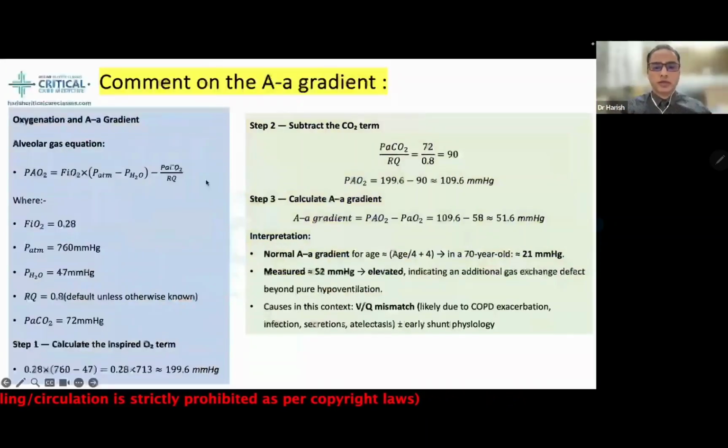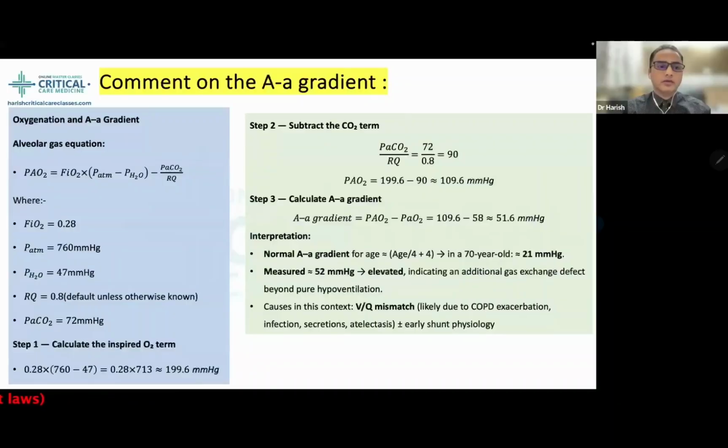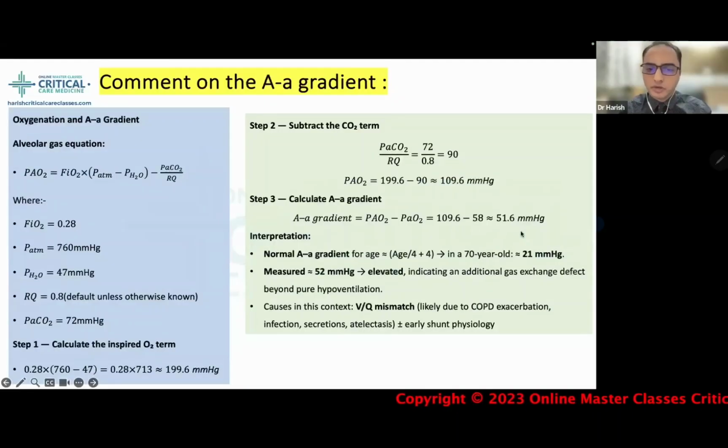Next, some examiner may be interested to know the AA gradient. So, oxygenation and the AA gradient link: we have the alveolar gas equation, that is, alveolar partial pressure of oxygen is equal to FiO2 times atmospheric pressure minus water vapor pressure, minus PaCO2 divided by respiratory quotient. If you calculate, it comes to a value of around 51.6 millimeters of mercury.